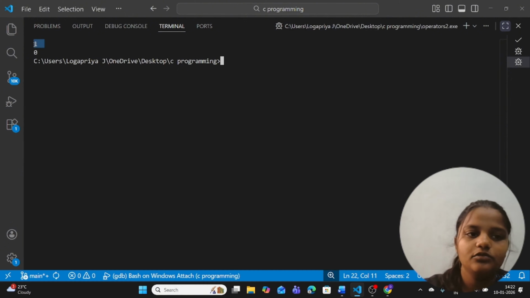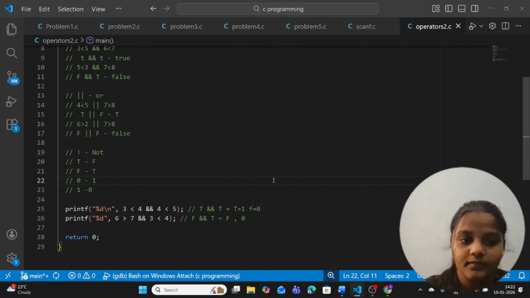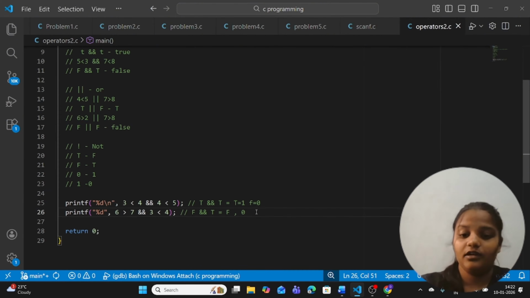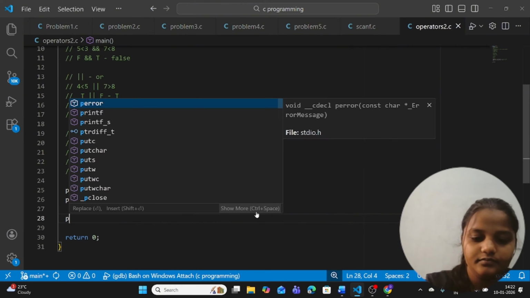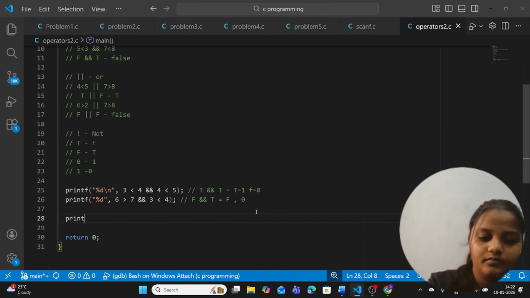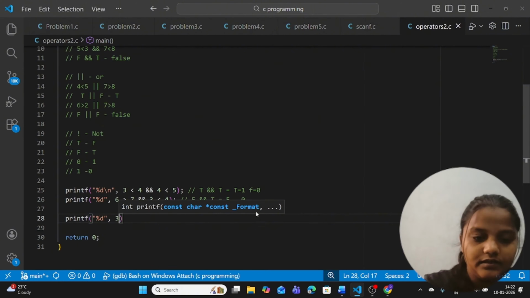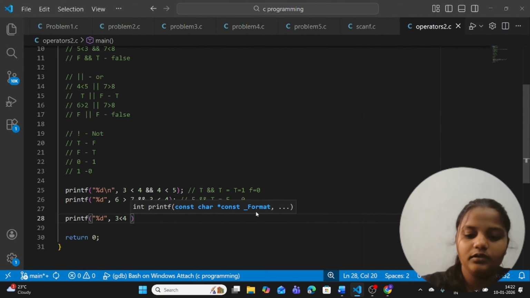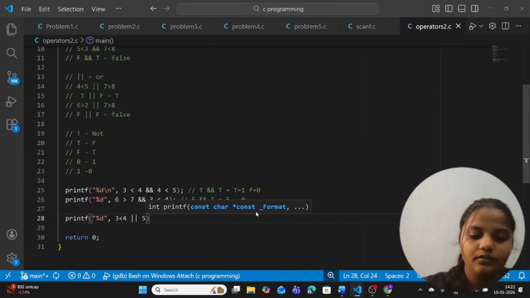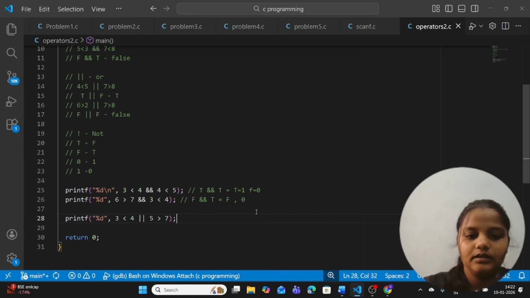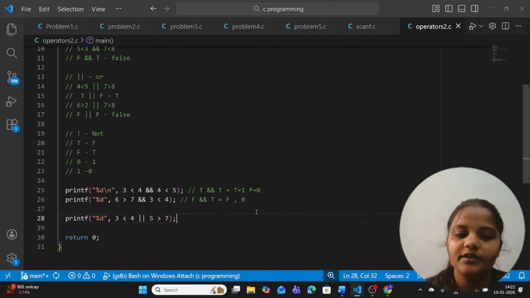Okay, the first is true and the second one is false, right? So now we will see OR. printf %d, if 3 less than 4 or 5 greater than 7. OR means what?